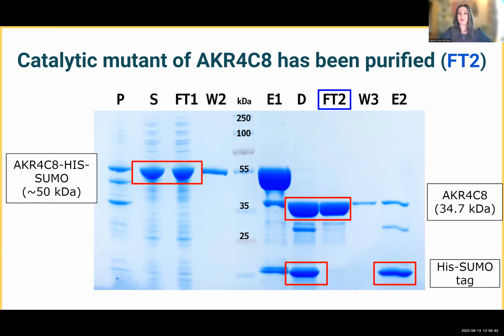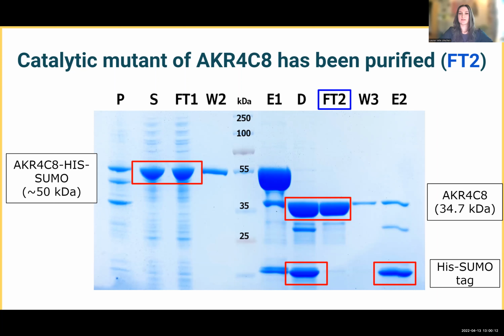In our top red box, we have AKR4C8 that has been cleaved from the His-SUMO tag, and then flow-through 2, which I have highlighted in blue, shows the cleaved and purified protein product, which indicates a successful protein purification. This is a protein that we will use in future activity assays to examine the substrate specificity and general activity of this enzyme in particular.